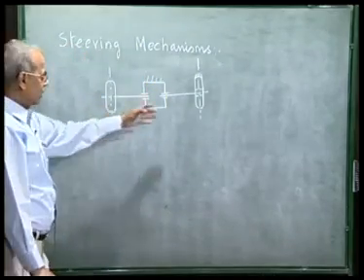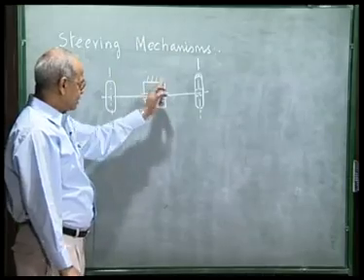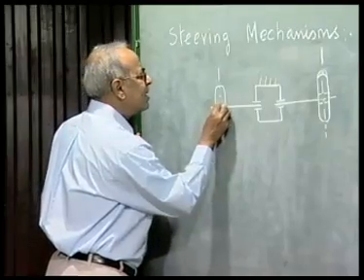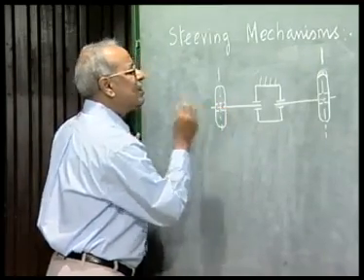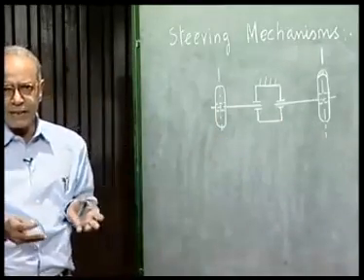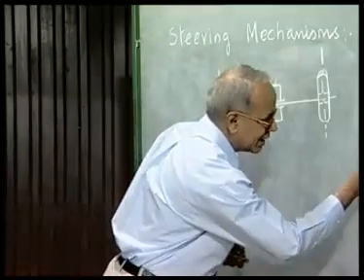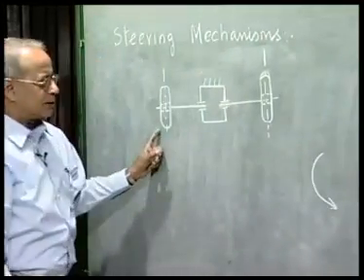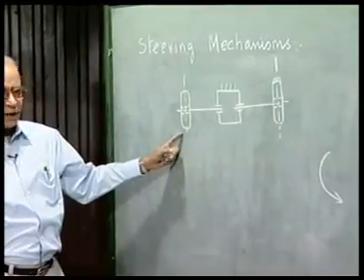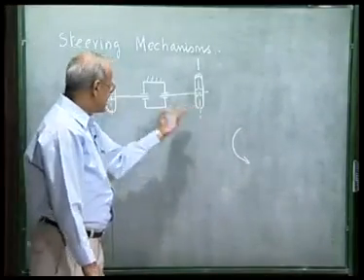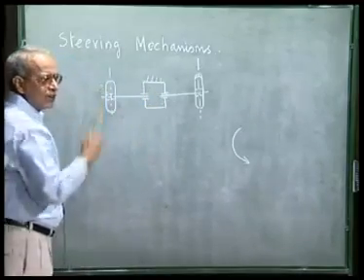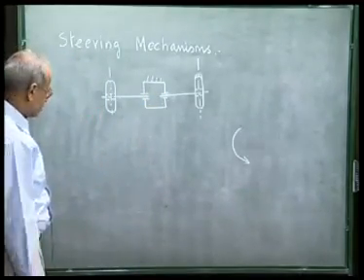As we know, the two rear wheels are connected to the differential, which is fixed to the body of the automobile. This differential allows the two rear wheels to rotate at different speeds when the car is taking a turn. For example, if the car is taking a turn like this, then this becomes the outer wheel and this becomes the inner wheel, and we need the outer wheel to rotate faster than the inner wheel. This differential speed can be created by the differential, as we shall discuss later when we discuss the gearbox.